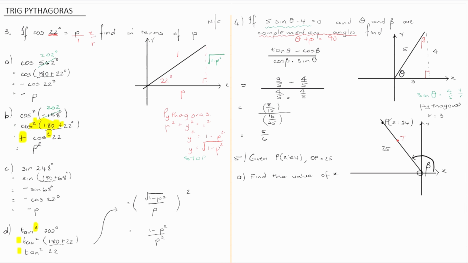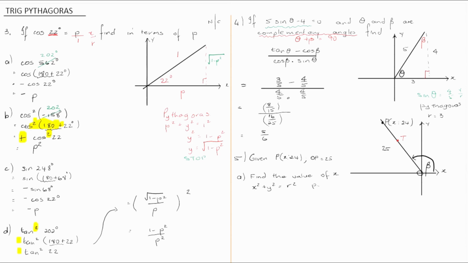Right, so they've given us x and 24. They've given us that line there is 25. That is beta. And they want us to find the value of x. So we're going to do Pythagoras. X squared plus y squared equals r squared.